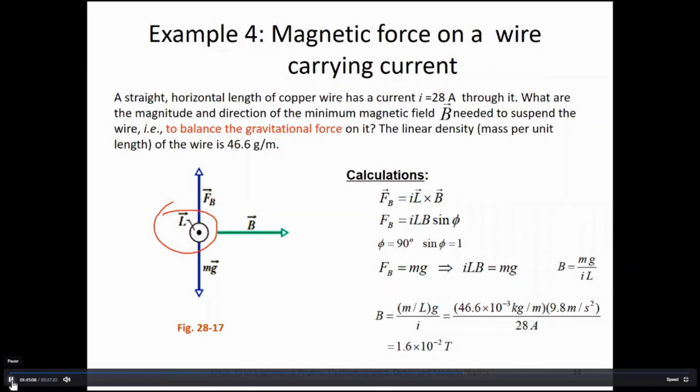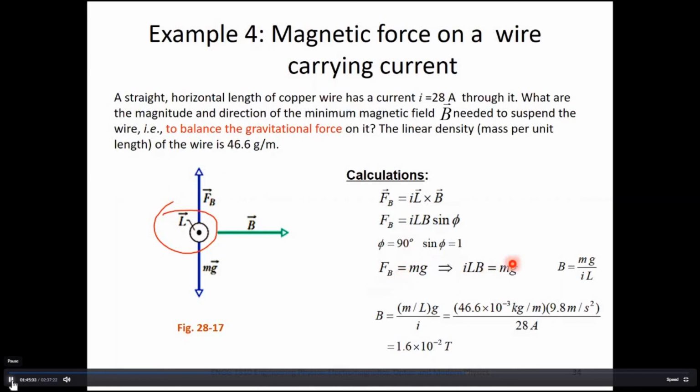The magnetic force equals I, L cross product with B, and then we have sine theta, but theta is just 90 degrees, all perpendicular to each other, so it is just ILB, which equals the gravity mg.